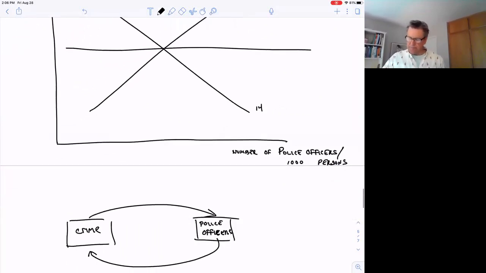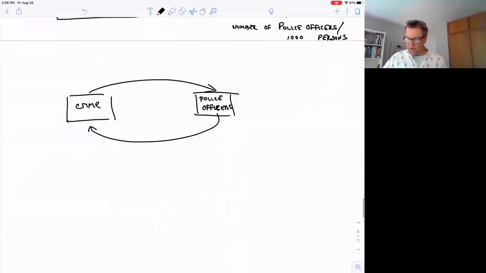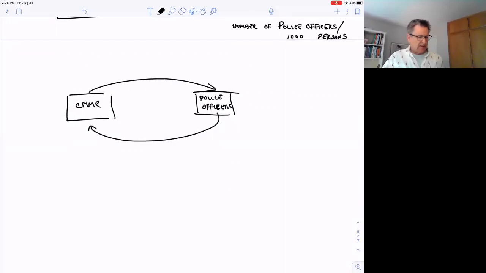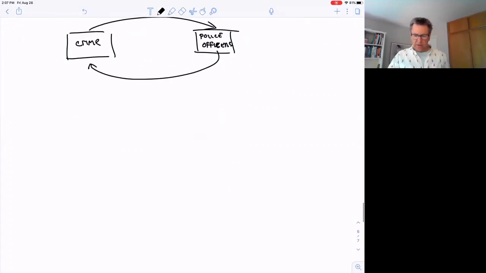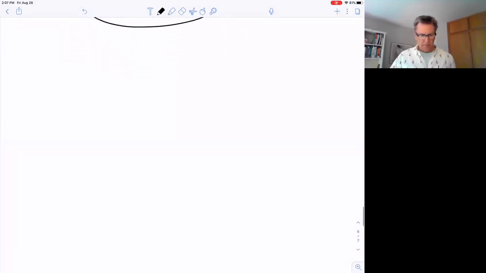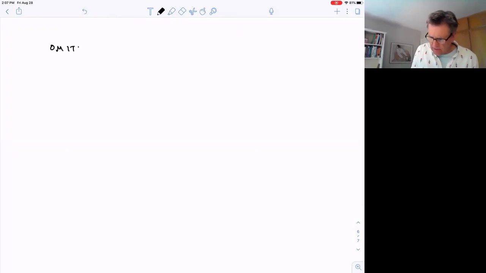Another problem that is run into with this regression analysis is omitted variables. I'll put this down, omitted variables.